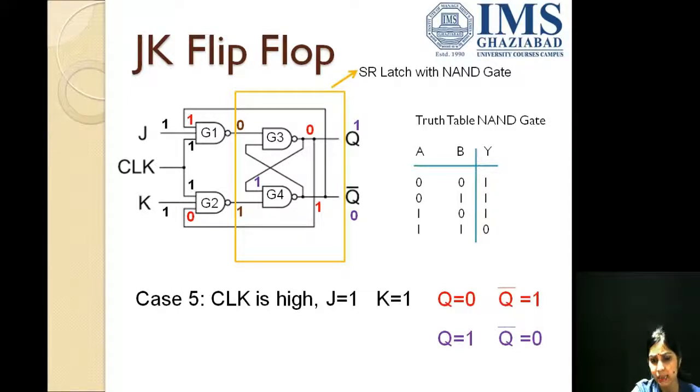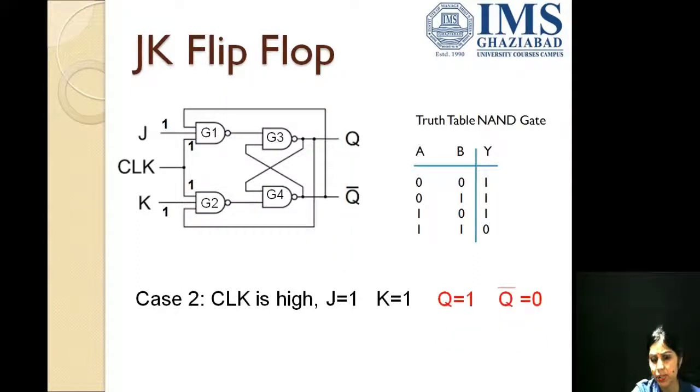Let us see if this happens in the next state as well. That is, when Q is 1 and Q bar is 0. Now the input for G2 would be 1 1 1 and the input for G1 would be 1 1 0, thus leading to output from G1 as 1 and output from G2 as 0.